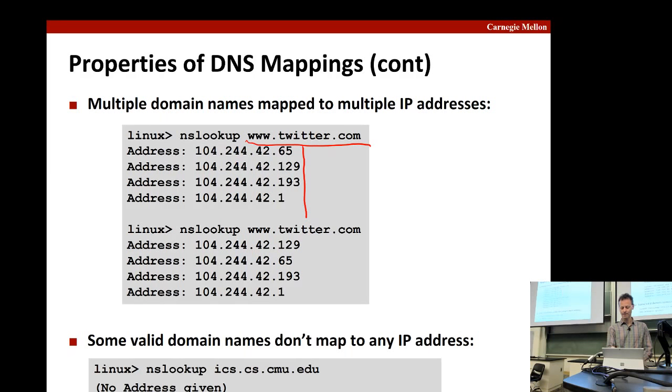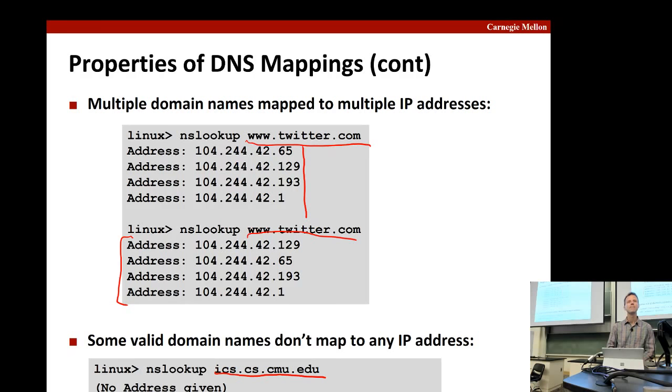This is showing that when I ran the same command twice, I got the exact same four addresses, but in a different order, so no big deal. Now, there are some cases where we can have a valid domain name, like our ICS domain name, but we don't have any IP address mapped to it. If you run an NSLOOKUP on that, it'll just return nothing. Instead of seeing a list of addresses, it'll just be blank.